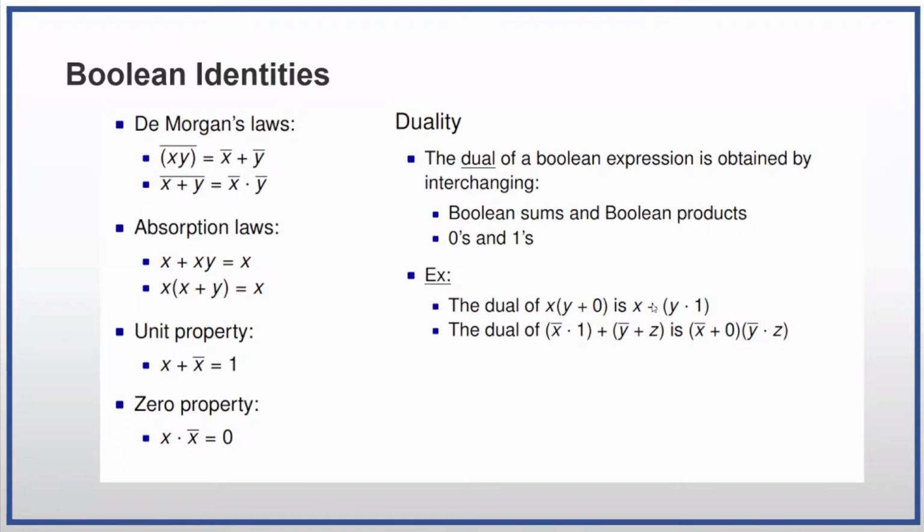Actually, in this example of duality, you cannot say that x and y plus 0 is equal to x plus y dot 1. But in De Morgan's law you can use the equal sign.